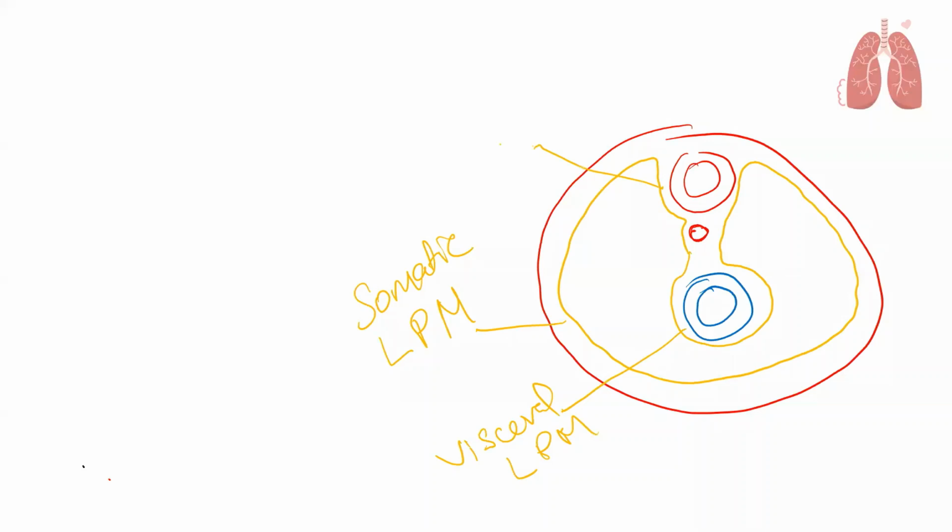And around the neural tube, you have the paraxial mesoderm, and in between you have the intermediate mesoderm. So for learning about the respiratory tract, the somatic lateral plate mesoderm and visceral lateral plate mesoderm are important.